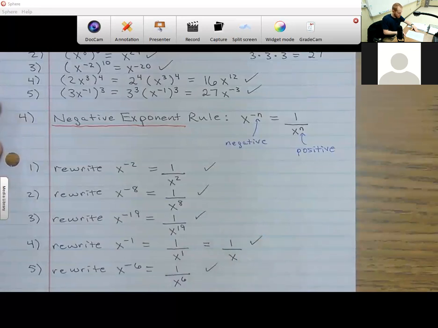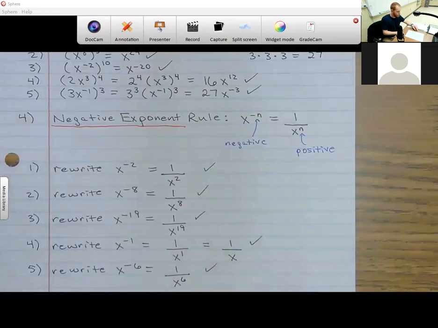And that's it. That is the negative exponent rule. Okay? I'll leave that up there for about a minute so you guys can finish up. And we'll look at rule number 5. And then it'll be time for me to go. All right.